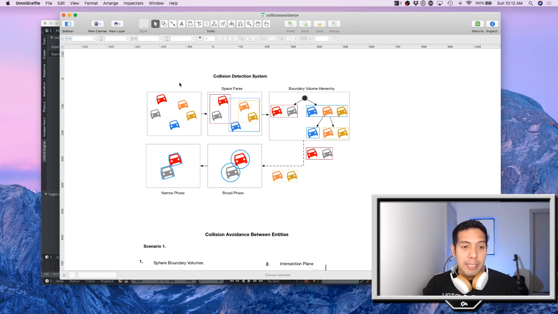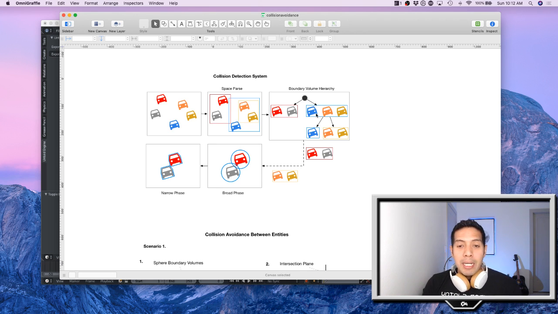So for example, let's say that my scene in the game has a bunch of these characters, these cars. The first thing that I do is I parse the scene in such a way that it allows me to build a boundary volume hierarchy tree, which is what you see here.